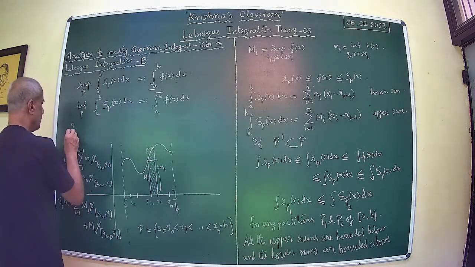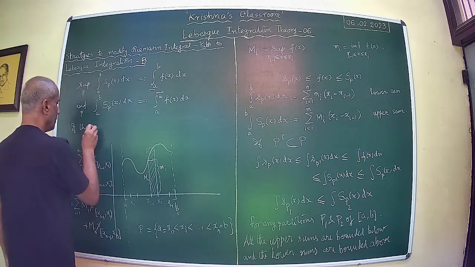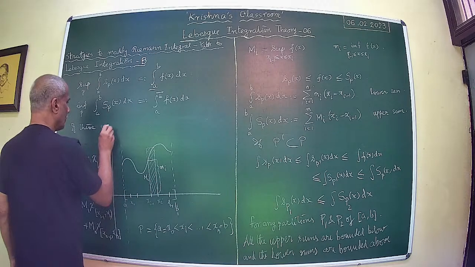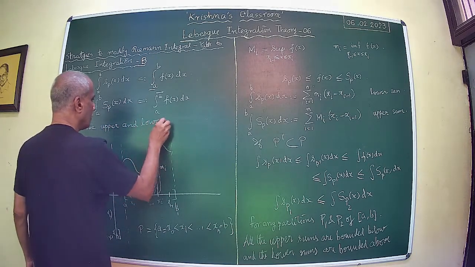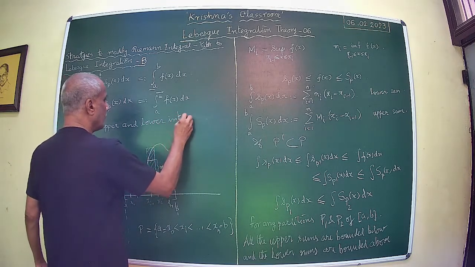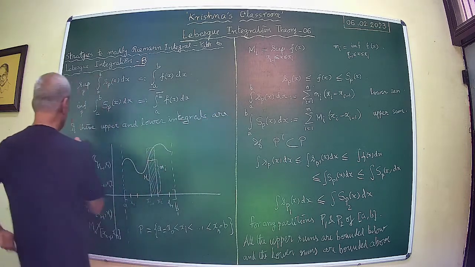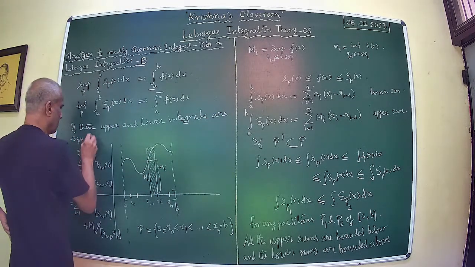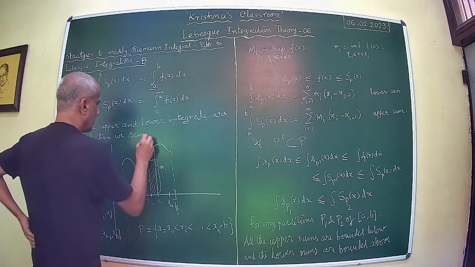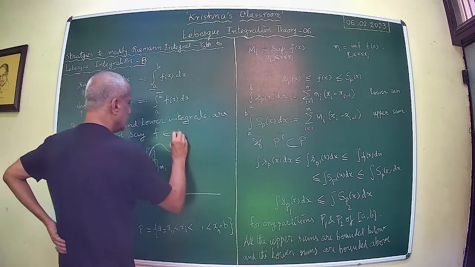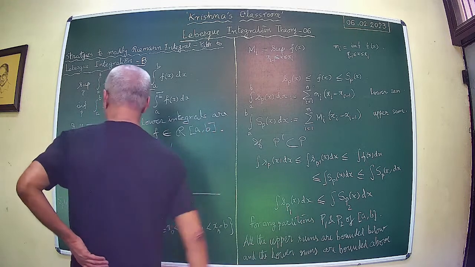If they are equal, then we say f belongs to R[a,b], that is, f is Riemann integrable on [a,b]. And this was the definition.